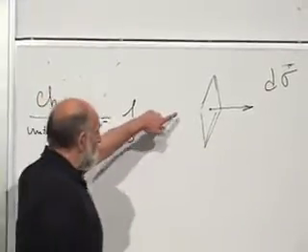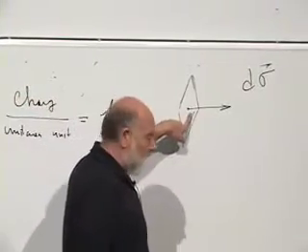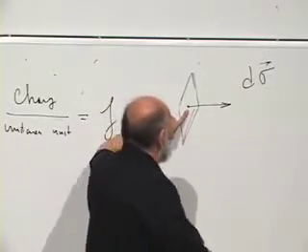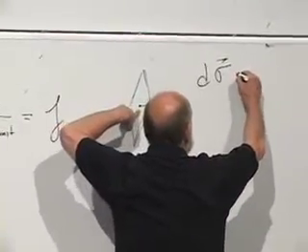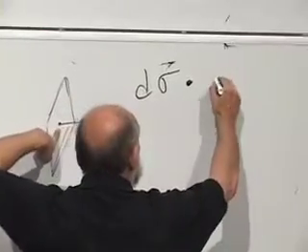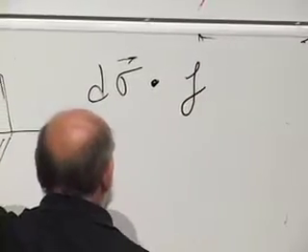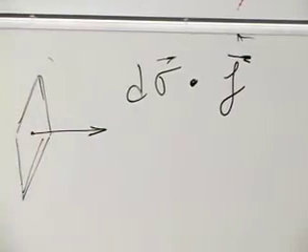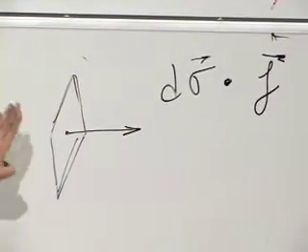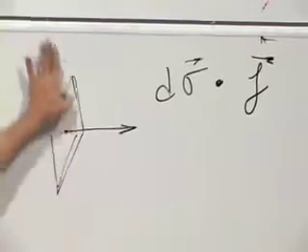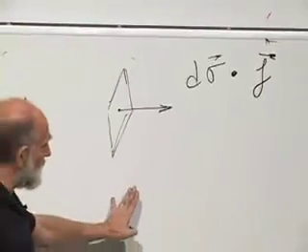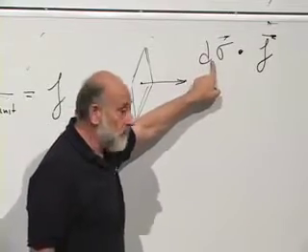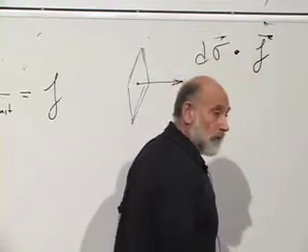If I want to know the amount of charge per unit time flowing through the surface element, then what I do is I take the dot product of the surface element with the current, both of them being vectors. If, for example, the current is flowing parallel to the surface, that means the current is perpendicular to d sigma, then this product is zero.